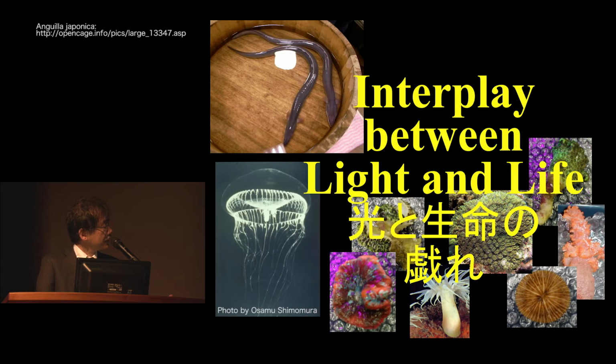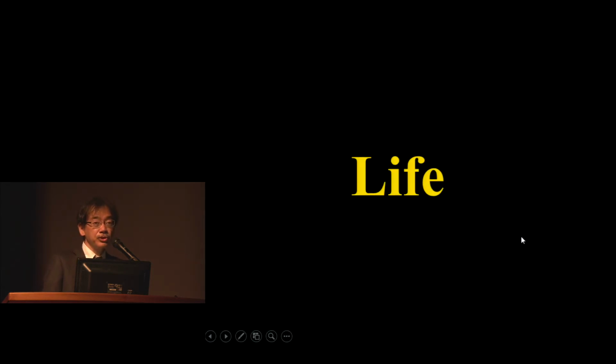And I'd like to come back to this slide: the interplay between light and life. Life is the creatures on Earth. As you can imagine, animals, plants, fungi, protists, and even bacteria utilize light very ingeniously, and at the same time, they are fatally affected by light.